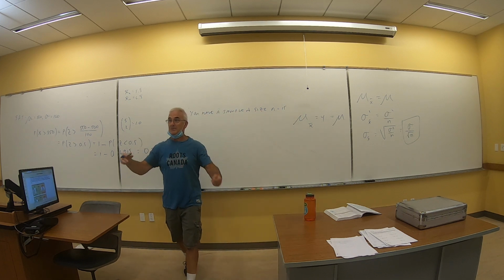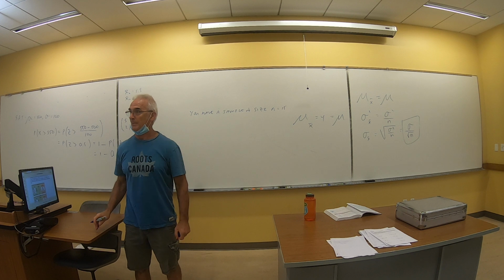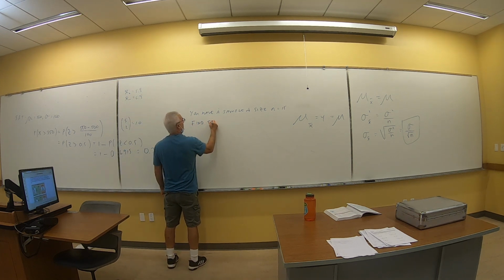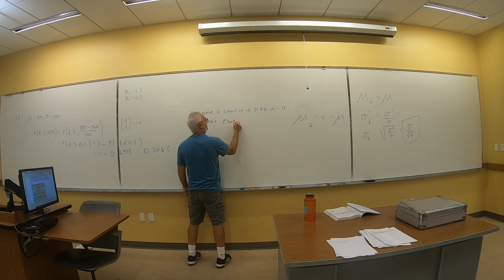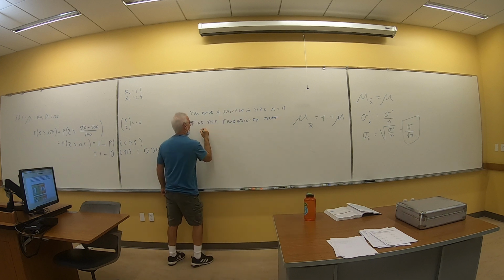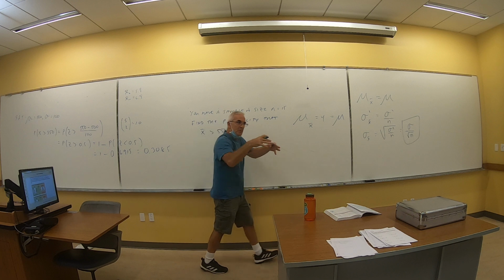I have a group of 15 people at random. I randomly chose 15 people. Find the probability that x bar is greater than 550. The group sample mean, in other words.